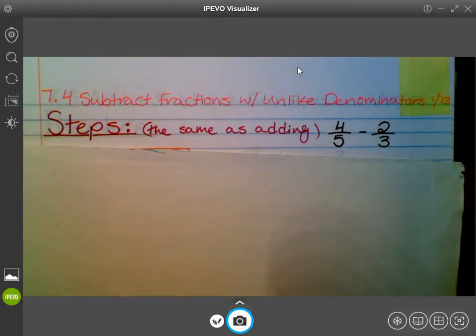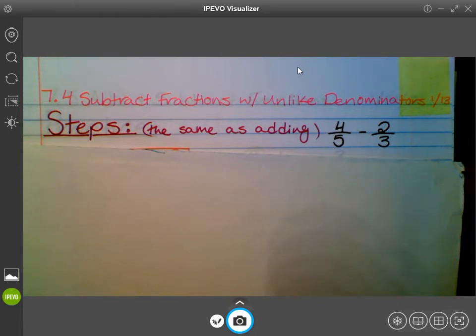Yep, four steps, but I think we'll get through it a little quicker today because it is just like adding, so we're kind of used to the steps already. Yep, just subtracting instead of adding. All right, does anyone need more time?